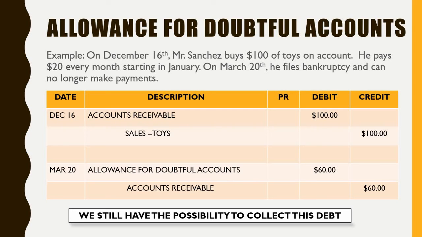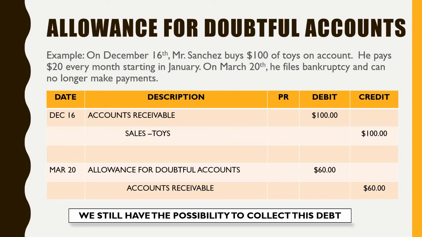Since he made $40 in payments so far, now he only owes me $60, because I looked it up in his account records. If I assume that he's no longer paying me back because he filed for bankruptcy, right? Now, here's the catch.